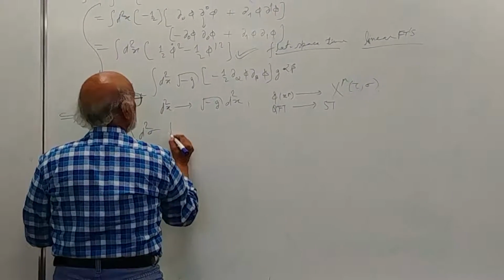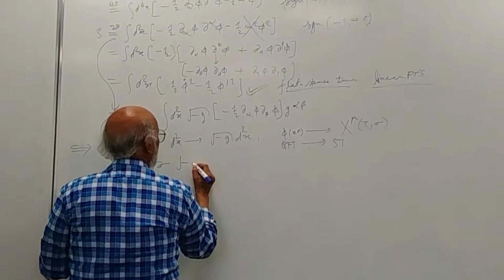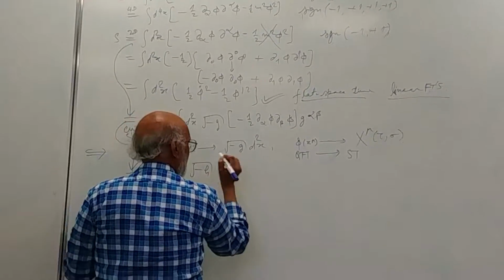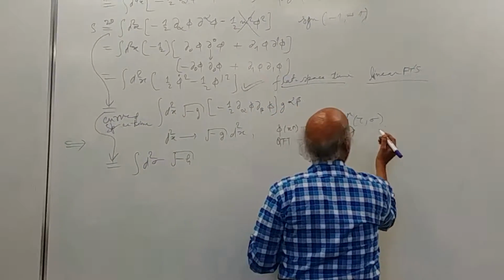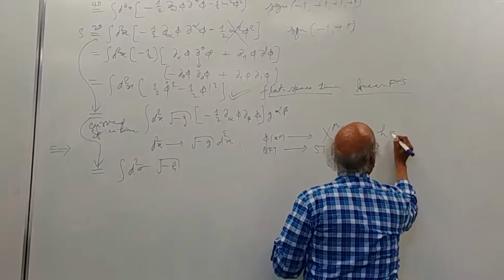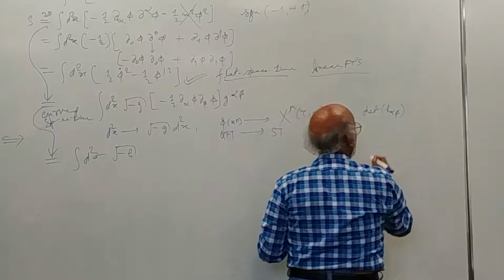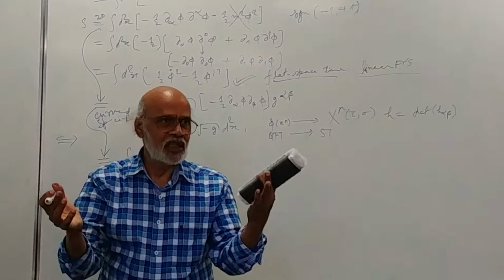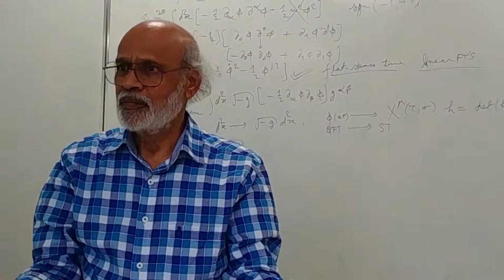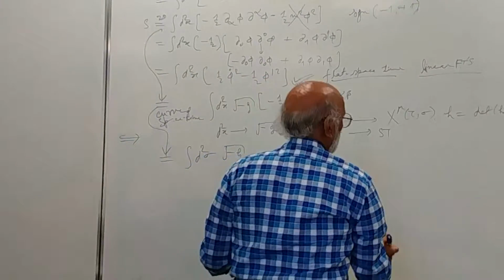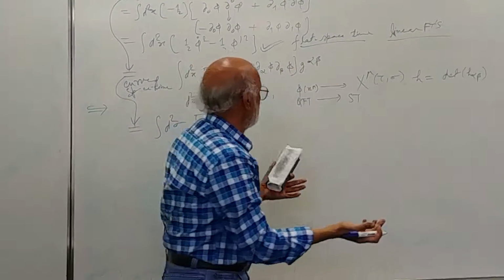Okay? So, I would have d2 sigma square root of minus h, where h is equal to the determinant of h alpha beta. H alpha beta is my two-dimensional auxiliary field. Okay? Essentially a gravitational kind of field.